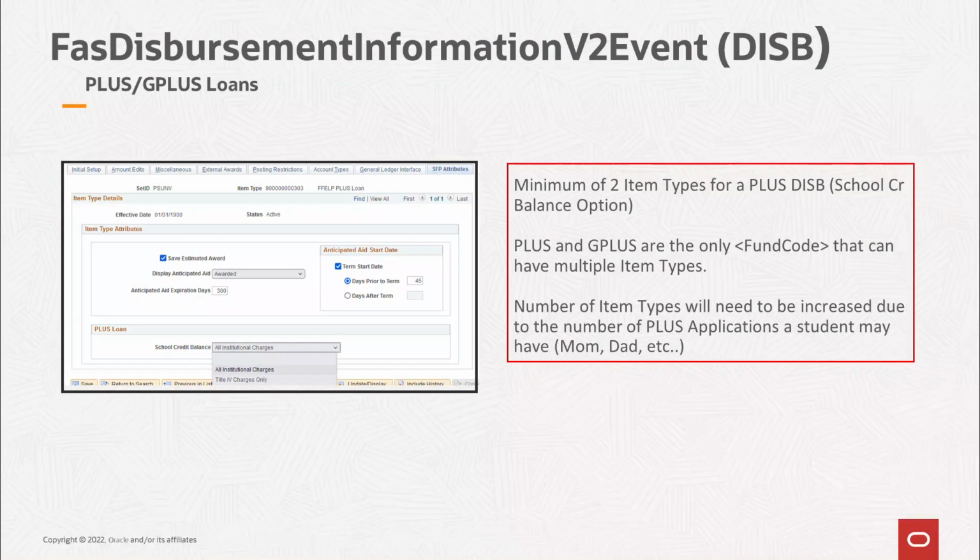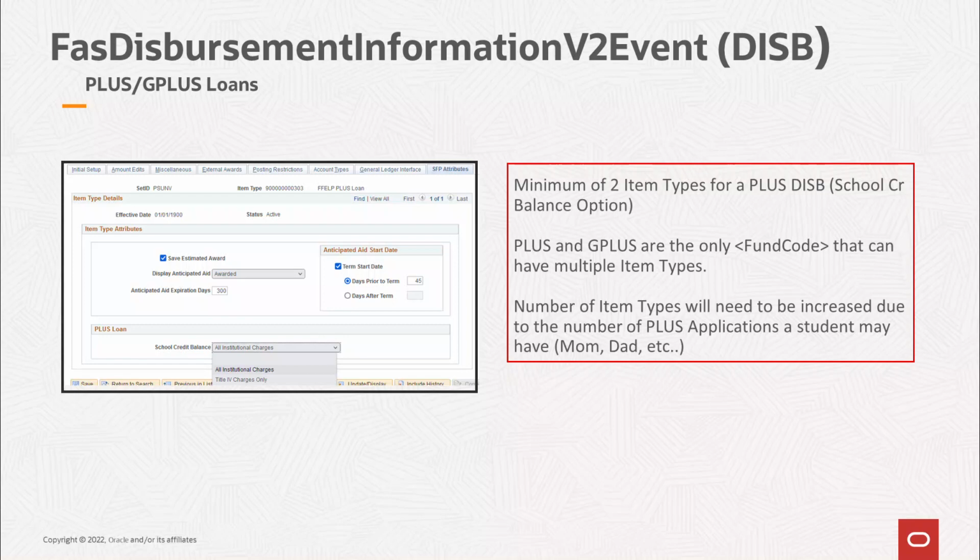The PLUS fund code is mapped to the CS item type's short DESCR and SFP attributes. For PLUS and G+, the item type's SFP attributes will contain setup specific to the PLUS G+ application school credit balance options of all academic charges or Title IV charges only.